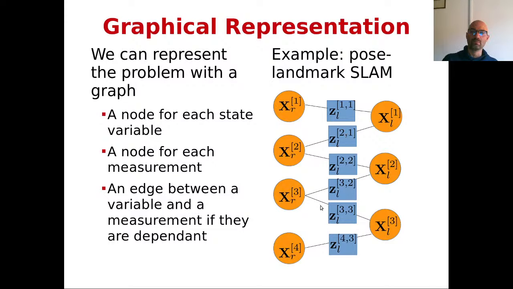Okay? Very good. Observe that a measurement might also depend on 3 variables. Let's say that my robot observes a landmark through an unknown set of camera parameters. If this would be the case, I would have to put another variable here to represent the set of parameters of the camera that I want to estimate.